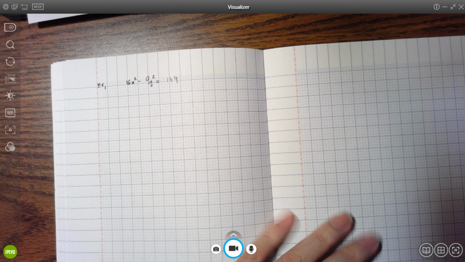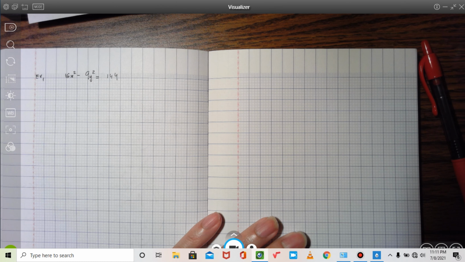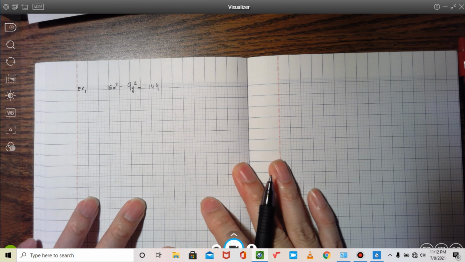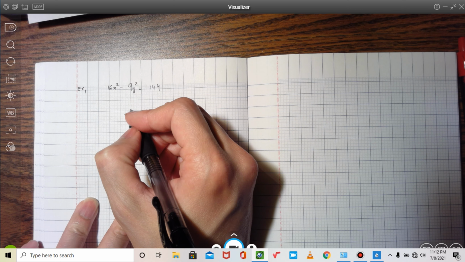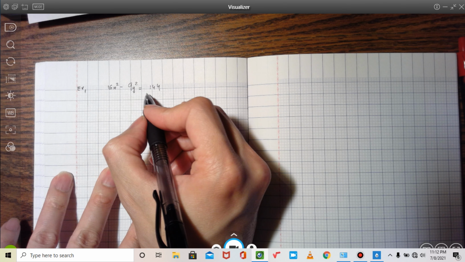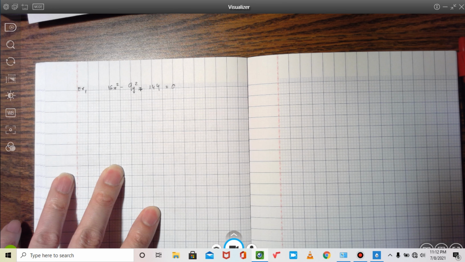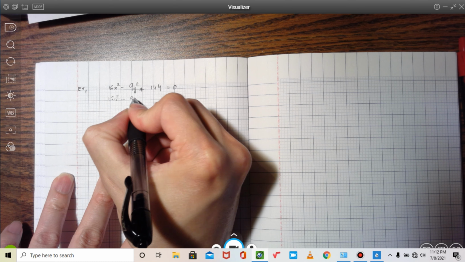Let's check one more time that everything is still recording. Yep, still recording. So what we have over here is, I'm sorry, this is plus 144 equals 0. So we will have 16x squared minus 9y squared equals negative 144.